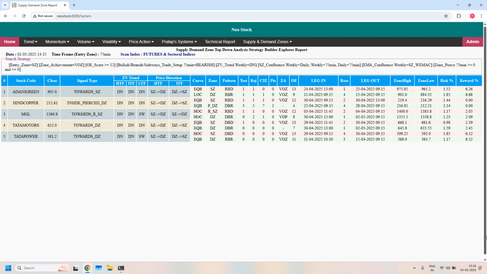So we got 5 stocks, all 5 stocks. So in all these stocks, these 75-minute supply zones are having even more high probability to get success. So this is about bearish trade setup for weekly income trade.